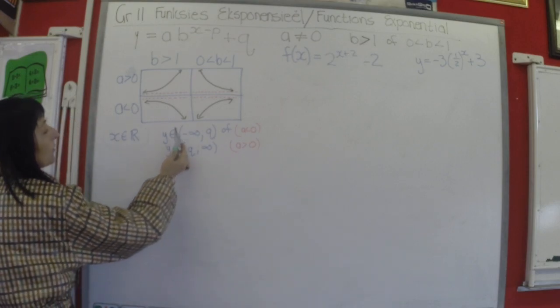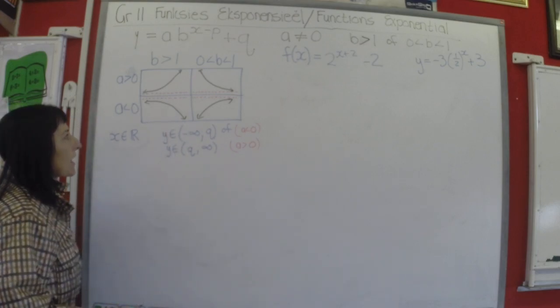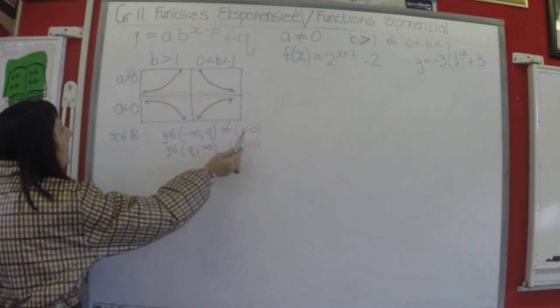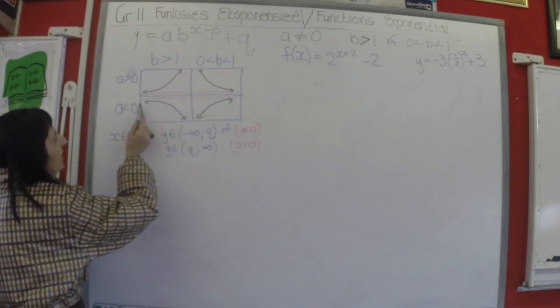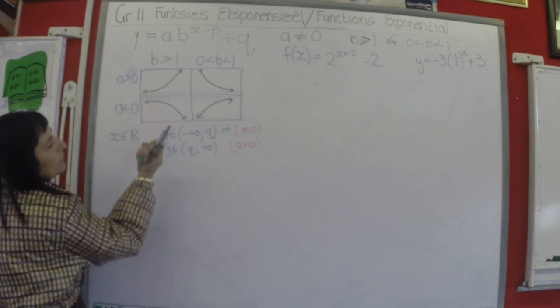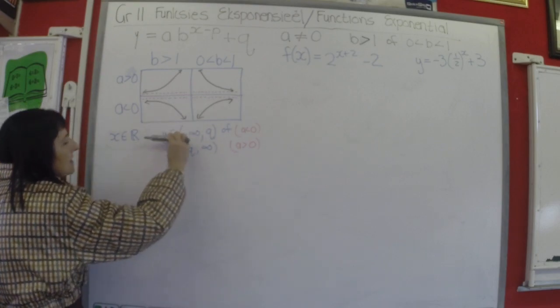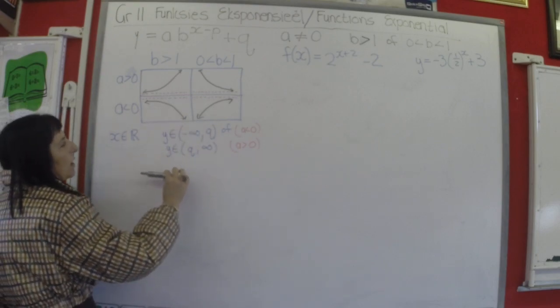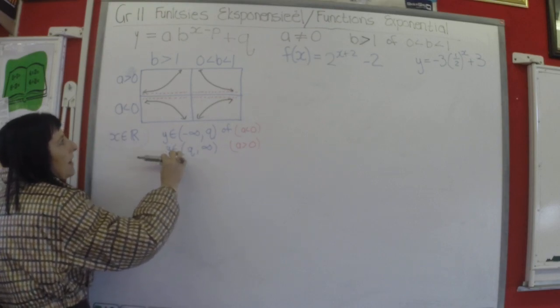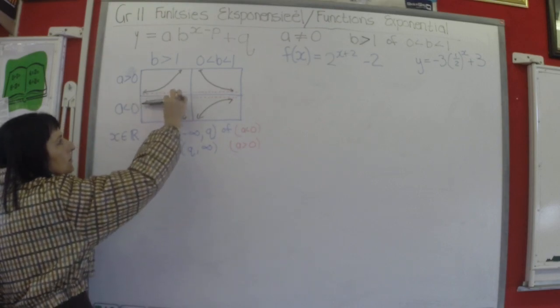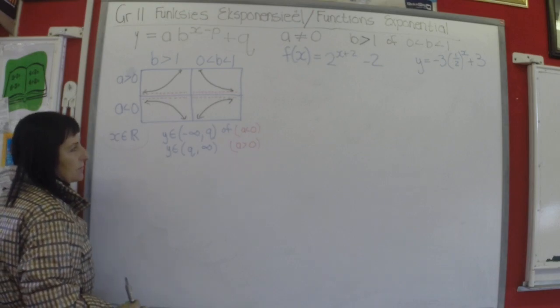If we look at our range, if my a value is smaller than 0, in other words it has flipped over my horizontal asymptote, then you can clearly see the y value starts at minus infinity and it ends just before the horizontal asymptote.